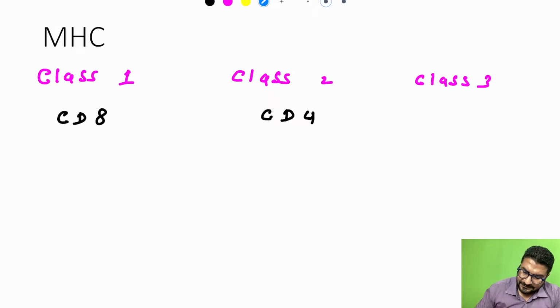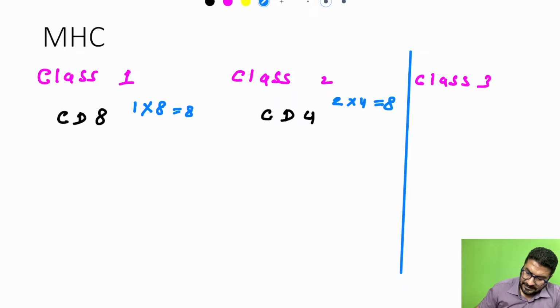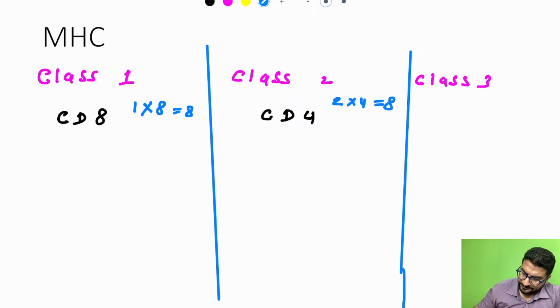So 1 into 8 is equal to 8, 2 into 4 is equal to 8. याद रखना, multiplication 8 ही आना चाहिए. MHC class 3 is a new class. This is mainly coding for heat shock protein.